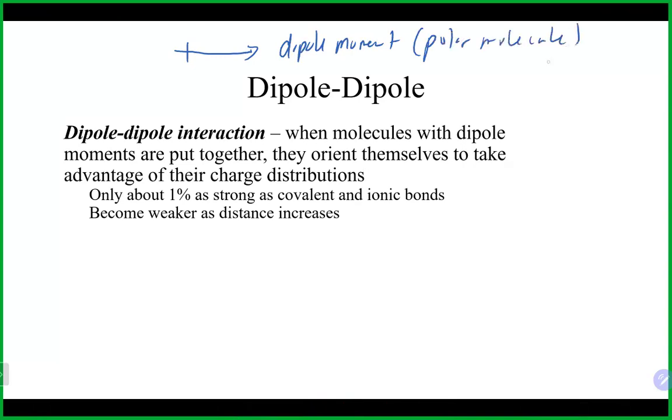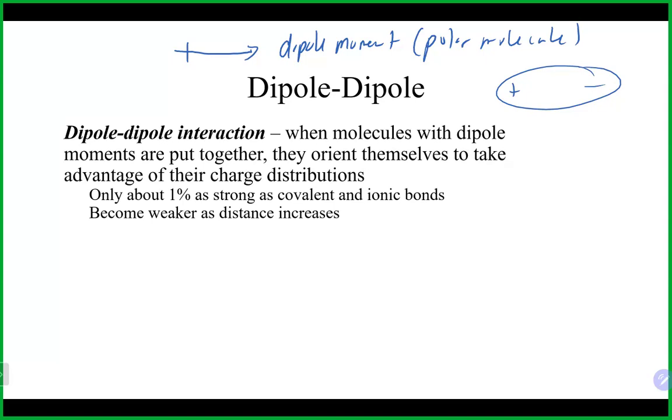And really what that means is that, no matter what the situation, it always has a negative side of the molecule and a positive side of the molecule because of the unequal sharing of electrons. Because it's polar, it will always have that type of distribution. And dipole-dipole interaction is when we have dipole moments.